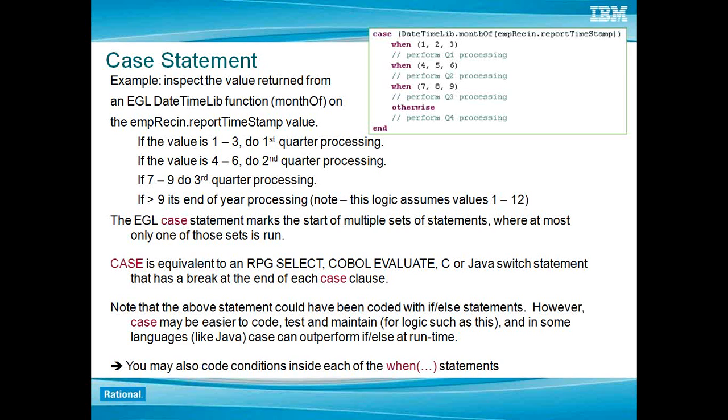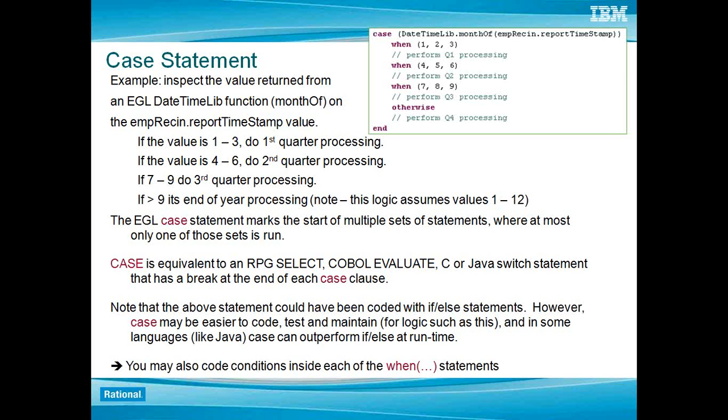Here we have given an example. We have a case block, and here we are taking a value. We are using DateTimeLib.monthOf. This is a function. We will be learning about these built-in libraries and the functions that come with the RBD or EGL runtime. Here we are trying to find out the month. If the month is in the first quarter, then we will execute the first quarter part.